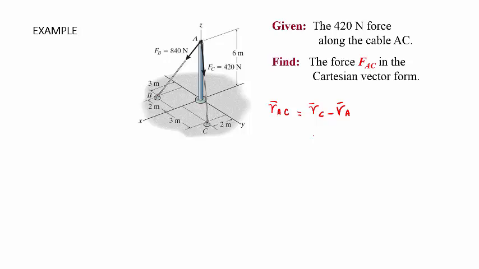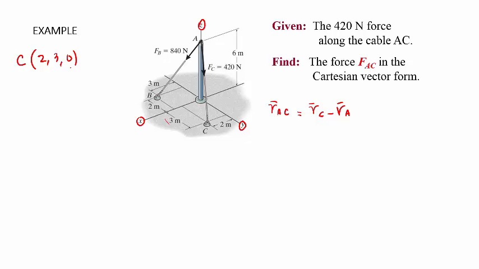So let me look at my notes here. So for coordinates in point C, you have in X, and remember, this tells you what is the positive direction. So for C, the X is 2, the Y is 3, and they're positive, and the Z is 0.